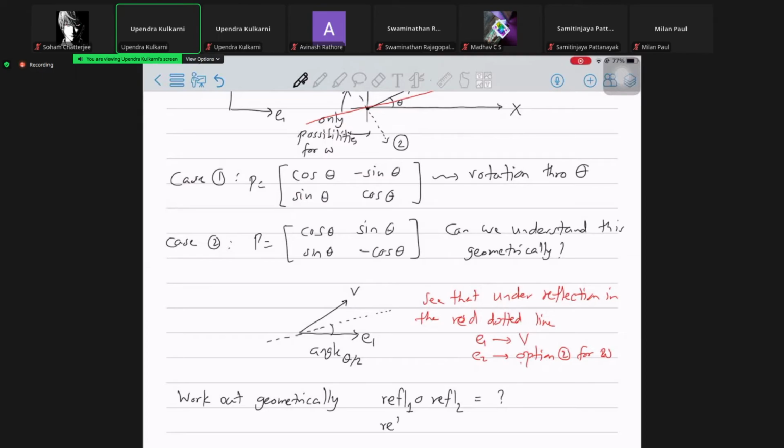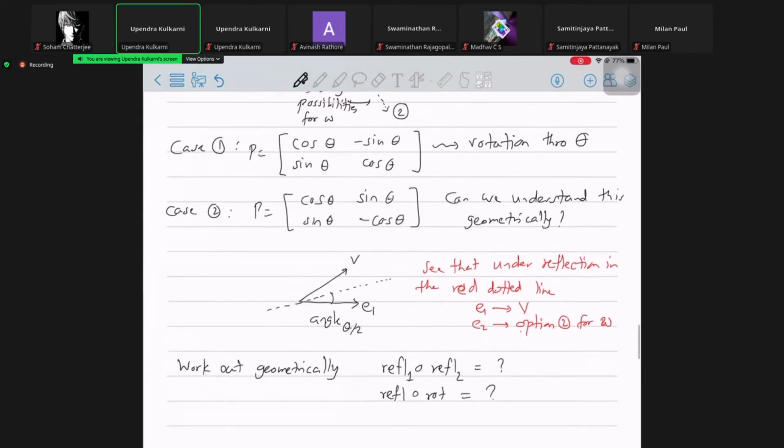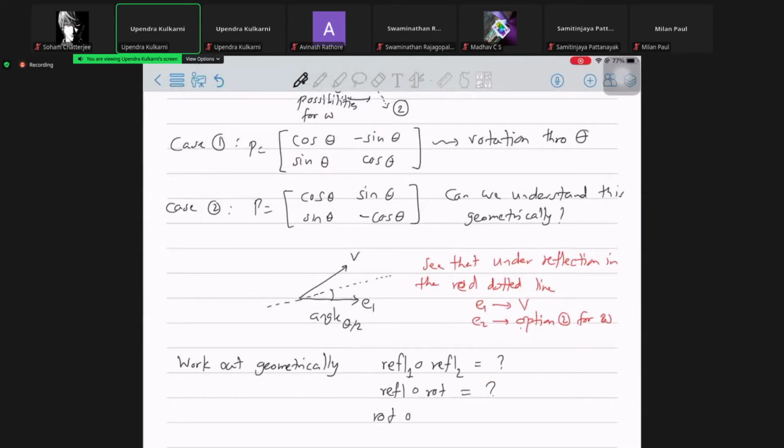And reflection composed with rotation equals what? And also rotation composed with reflection. It's an instructive geometric exercise that you should absolutely do. And there is a little hint, no? If you think of the determinants, or orientation. For rotations, the determinant is 1. For reflections, the determinant is -1. What does that suggest? If I compose a reflection and a rotation, what should I get?